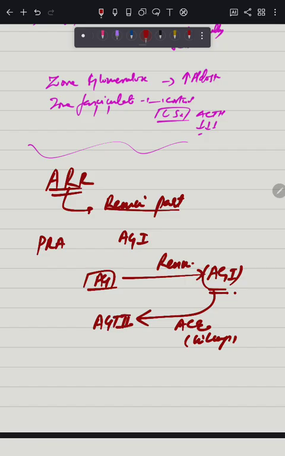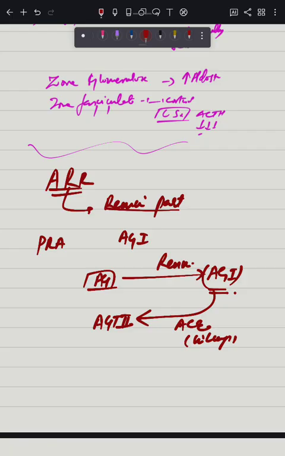It is this angiotensin 2 that causes vasoconstriction, raises BP immediately, and stimulates aldosterone release from the adrenal cortex, and also stimulates thirst and more water retention. The net result is it increases BP, restores circulating volume, and helps maintain perfusion to vital organs.